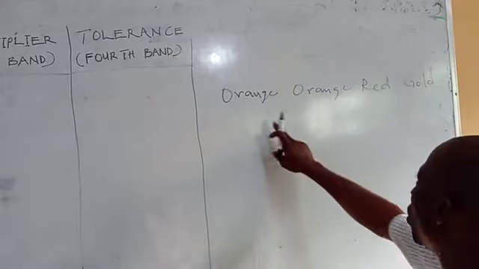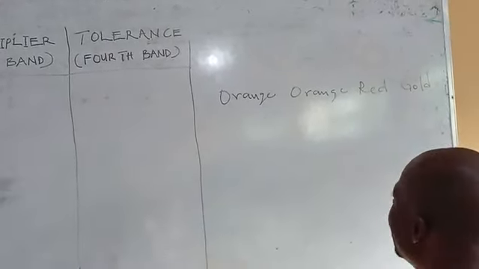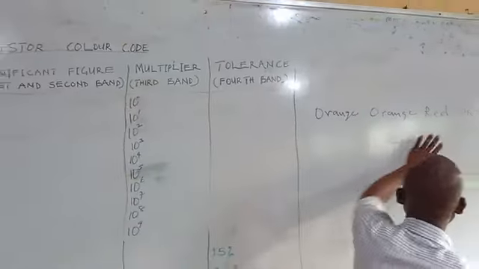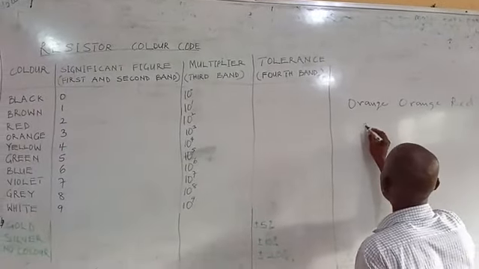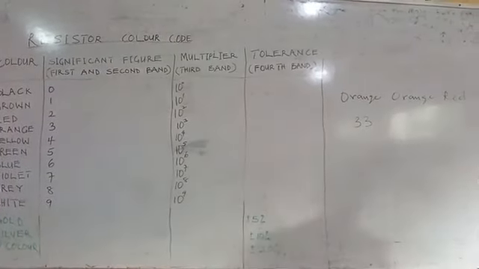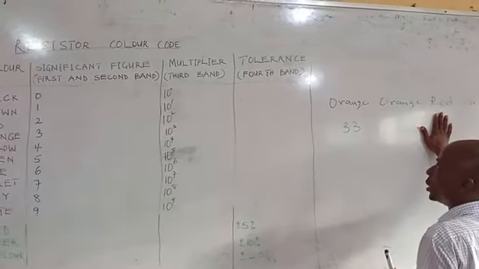This is orange, orange, red, as we've seen from that resistor. From our table, orange is 3 and red is 2. The first band is a significant figure, the second band is also a significant figure, and the third one will be what?